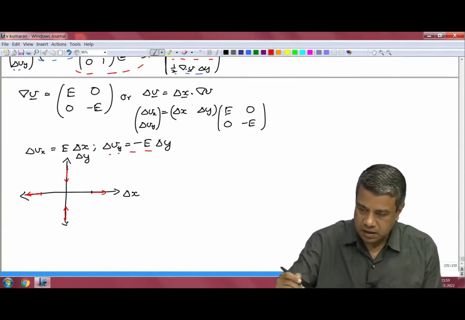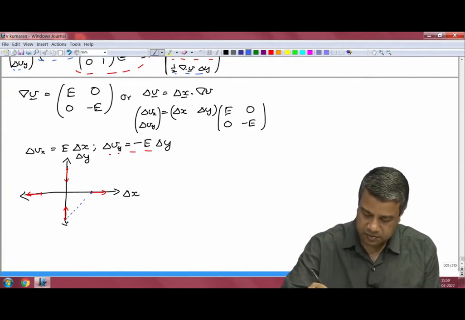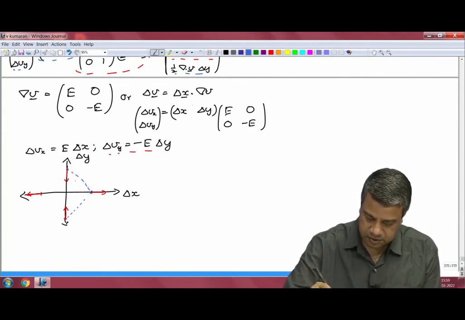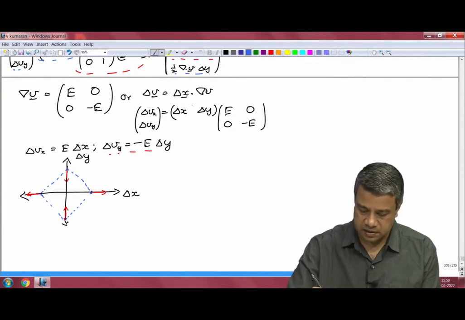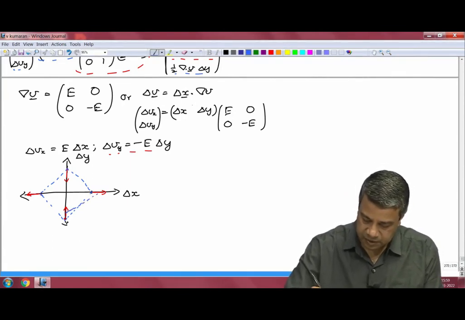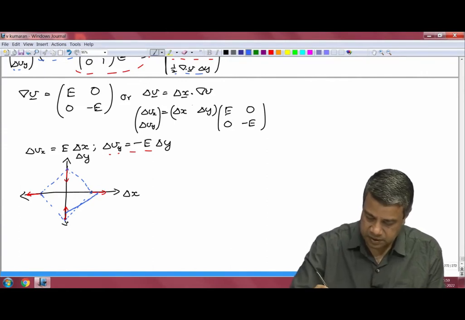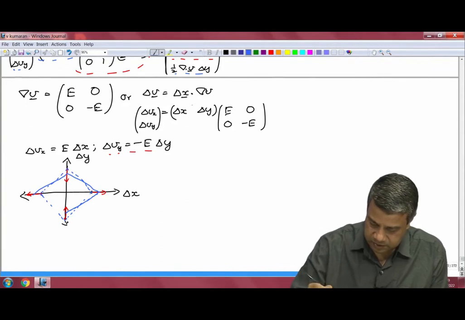And so, if you had an original volume that was something like this, that volume is going to be stretched along the x axis and compressed along the y axis.